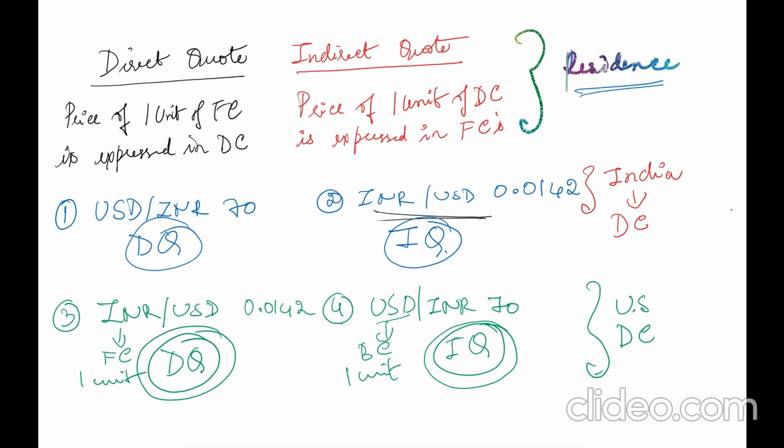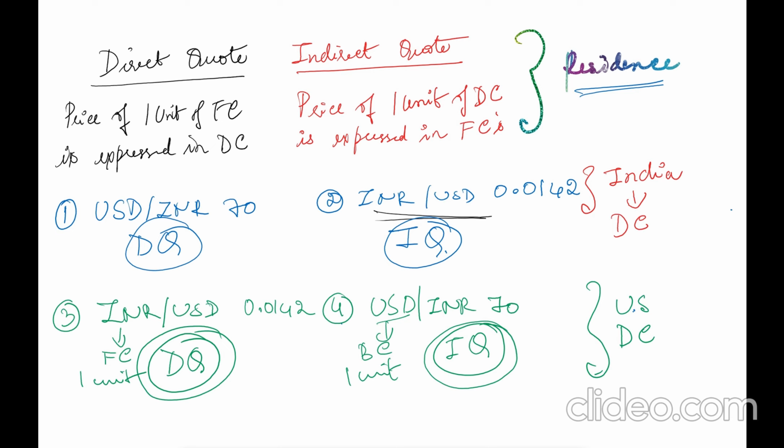Please note, they are exactly the same quotations. There are no changes made. INR USD 0.0142 written in the third quotation is the same as the second quotation. There is no difference in the quotation.